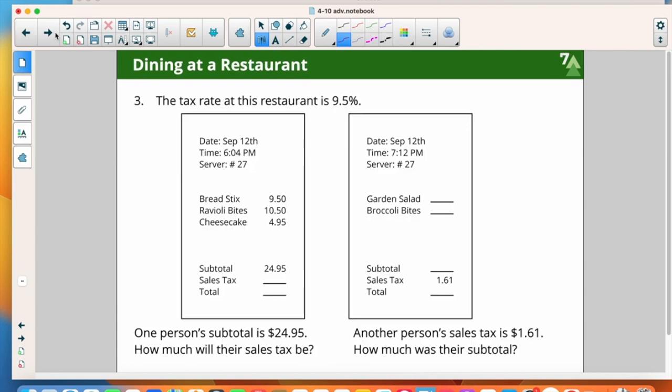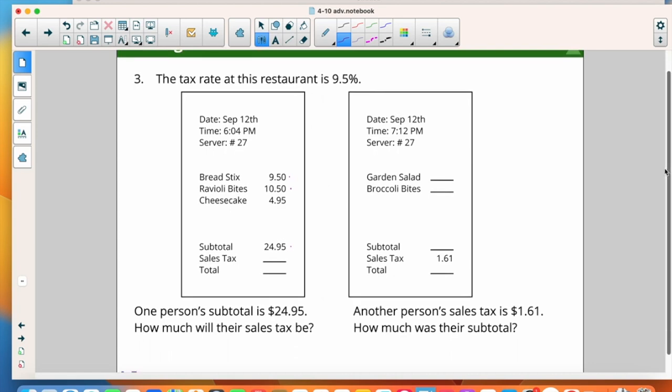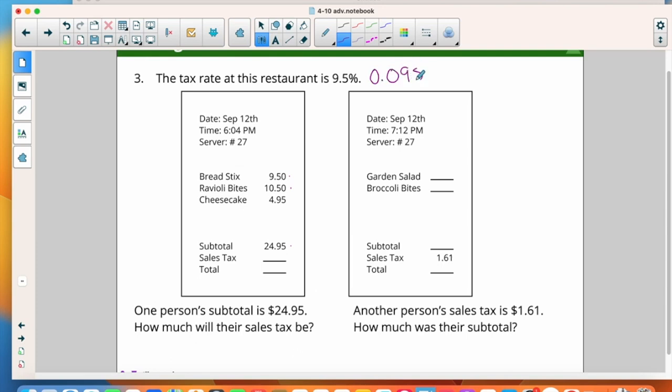We're looking at a restaurant. Now, subtotal is the total amount before tax and tip is added on. So the subtotal for this person's was the breadsticks plus the ravioli bites plus the cheesecake. Now, we're using a tax rate of 9.5%. So as a decimal, that's 0.095.